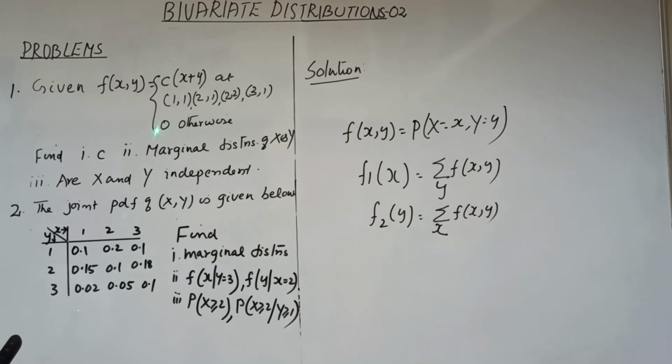That is, the function takes the form c into x plus y only for those pairs of x and y, and otherwise it takes the value 0. Firstly, we have to find the constant c, the marginal distributions of x and y, and we are asked whether x and y are independent. So, we consider one by one.